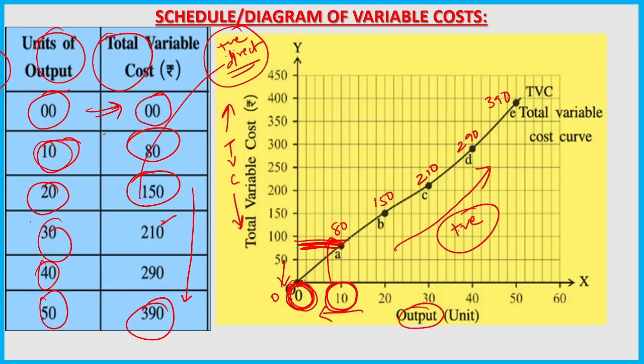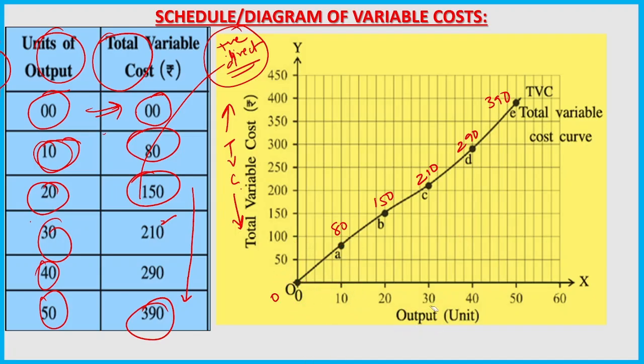showing positive relationship between total production या output in units and total variable cost. Understood? So every time when you are dealing with the schedule and diagram of total variable cost, then make sure that whenever the output is zero, the variable cost will also be zero. And it will start from the point of origin.